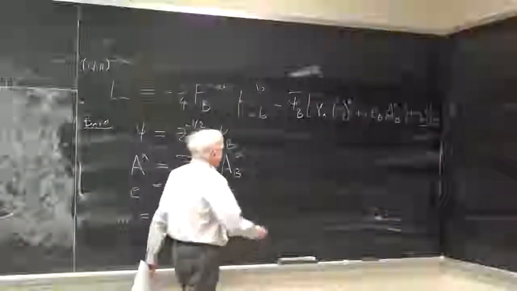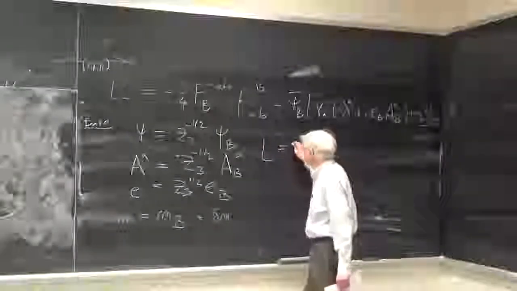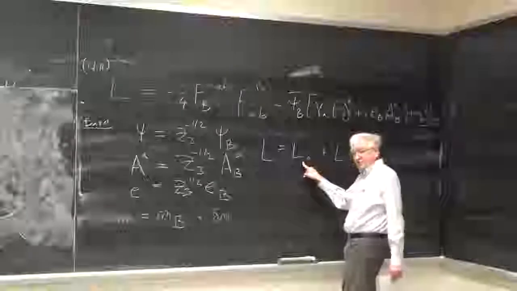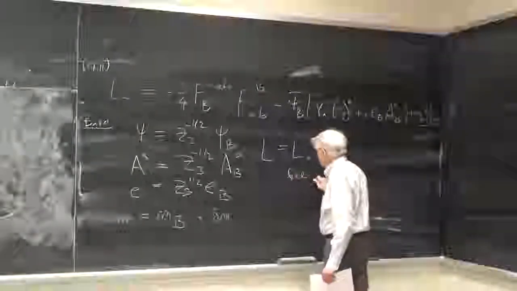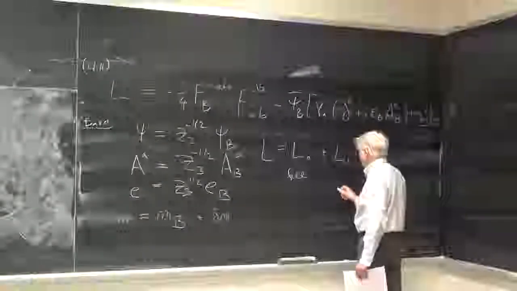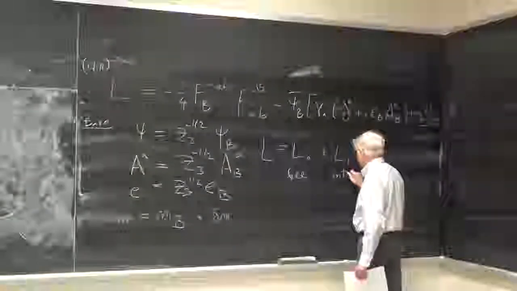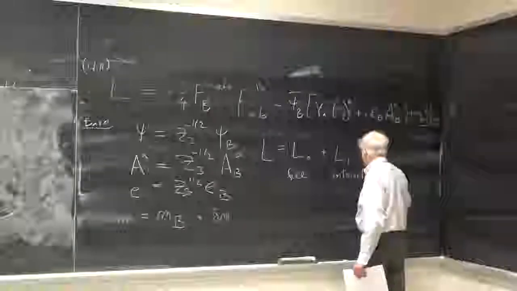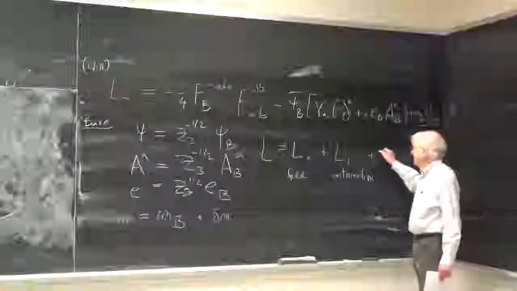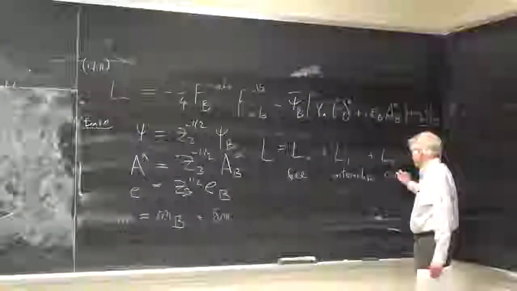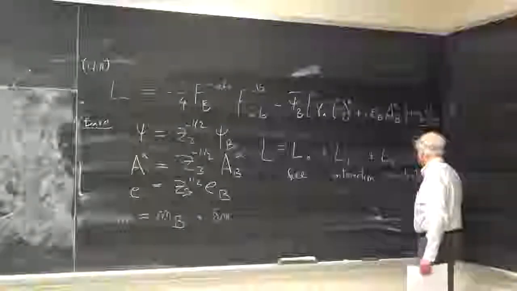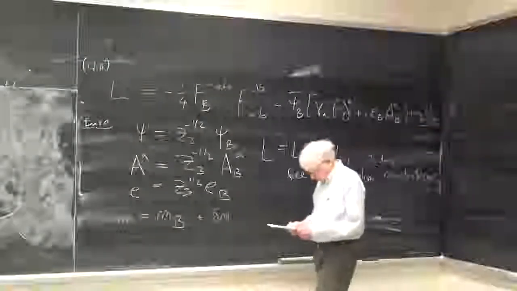And when we do that, the Lagrangian has a human part. Well, it's actually a free part, so this is a trivial part, L0. L1 is the ordinary interaction, just in ordinary terms. And then L2 is all the counterterms. So that's the picture.